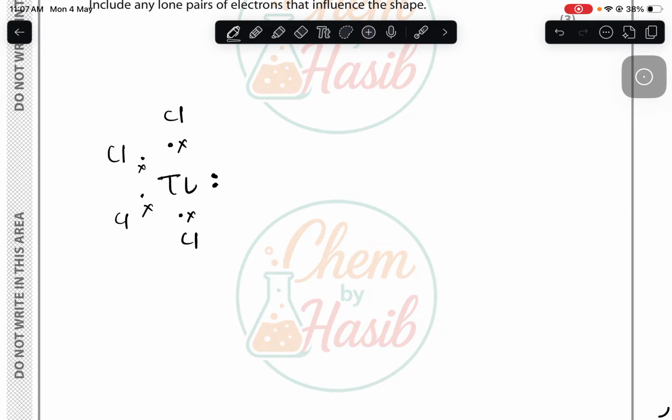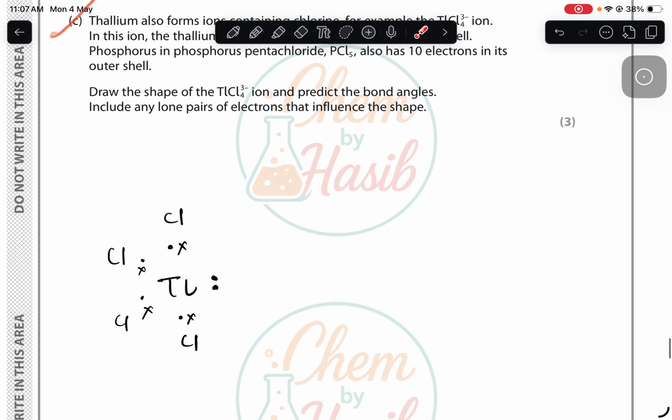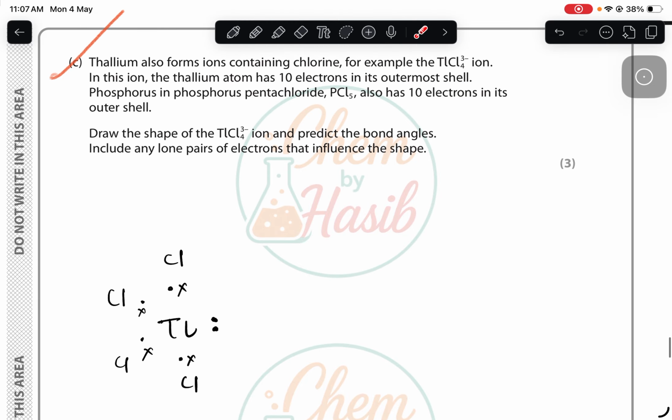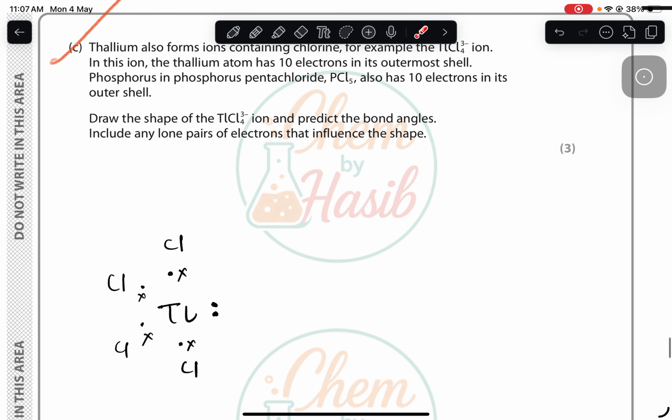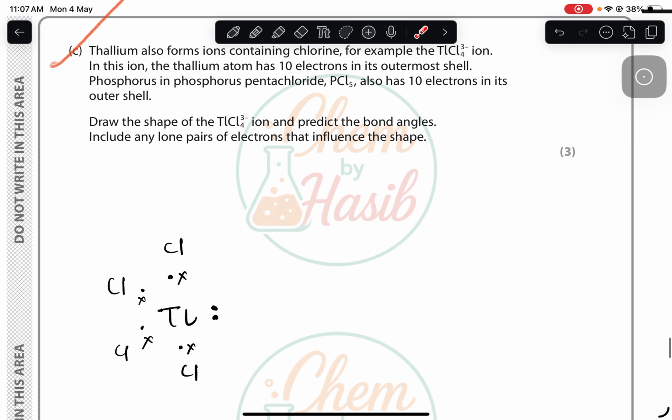Now, how do we know that there is a lone pair here? Because the question said this thallium has 10 electrons in its outermost shell, just like phosphorus. In this particular ion, the thallium ion will be surrounded by 10 electrons.